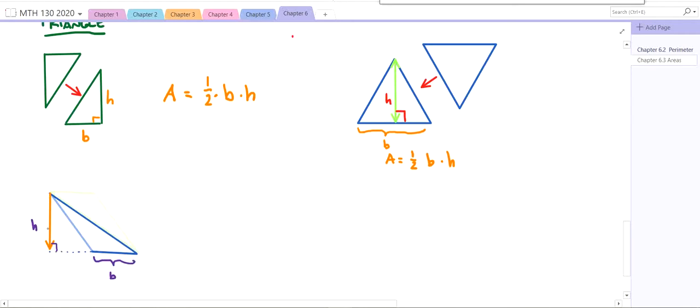But we either need to be given this height or we need to find the height. So again, the area equals 1/2 base times height. Since it's not two triangles, it's just one triangle, so it's half of the area of a parallelogram. So I'll write it big here, 1/2 base times height.